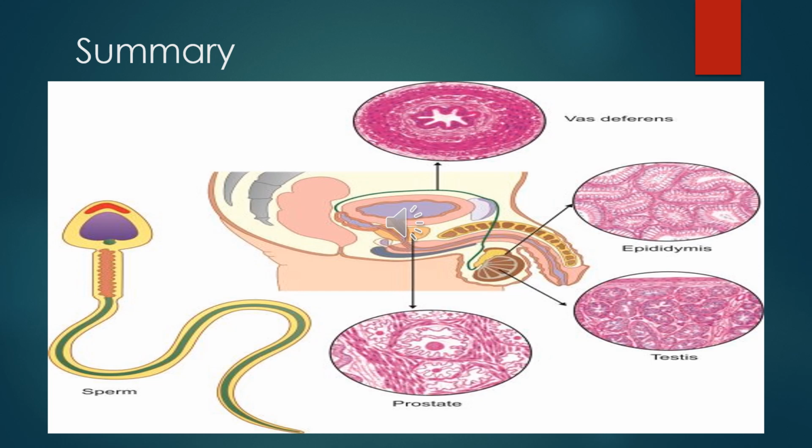The cells we can see there are spermatogonia, primary spermatocytes, secondary spermatocytes, and spermatids. In between these different stages of spermatogenesis, you can see some Sertoli cells. They are long, tall columnar cells with ovoid nucleus and pale in color, extending from the basal lamina to the lumen.